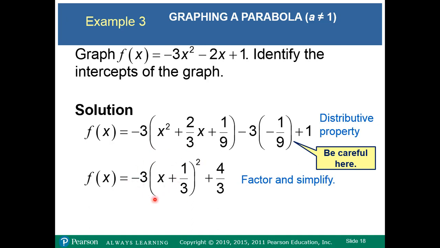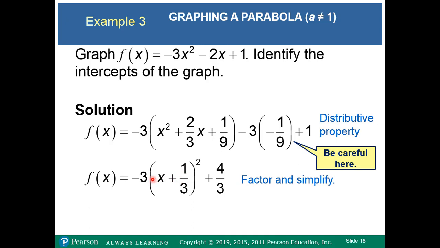So obviously, if this is 0, you're going to get 1. Okay.